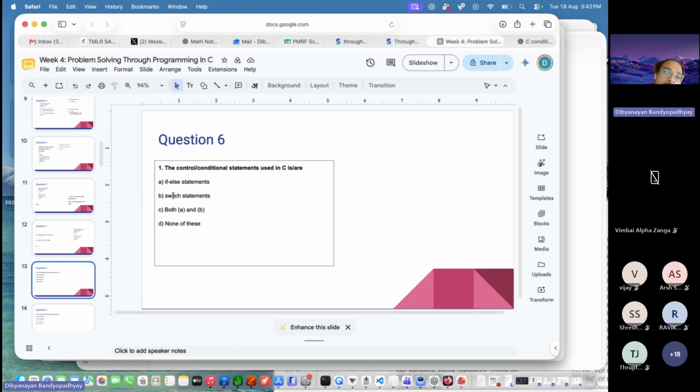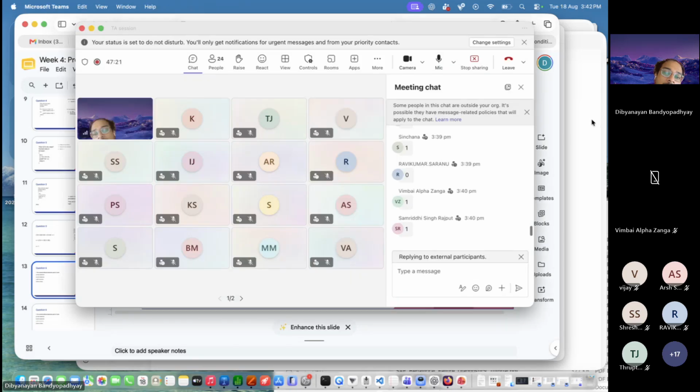So if else statement, you already know that it is a control statement, correct? And switch case, how about that? Is this conditional control or what? Both A and B.